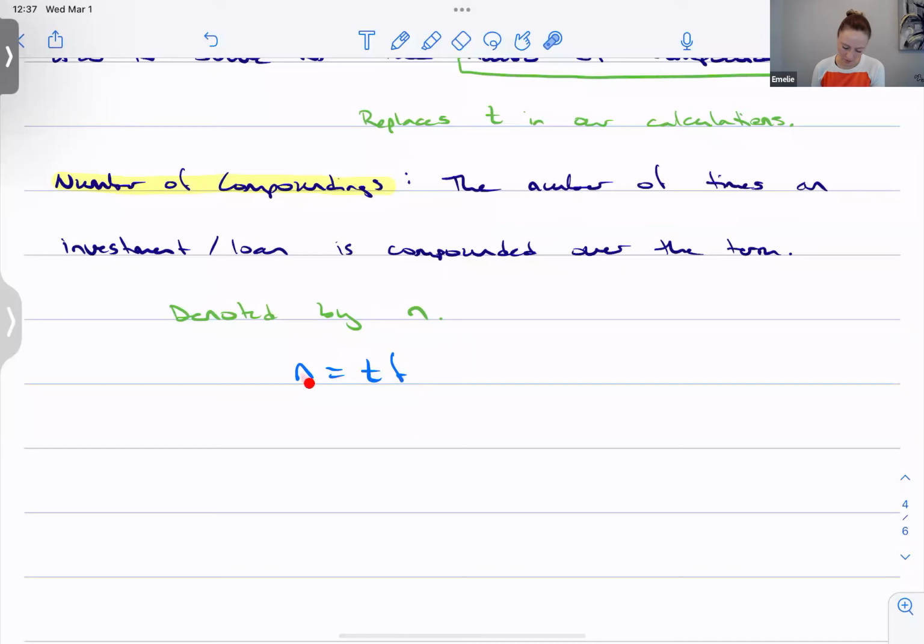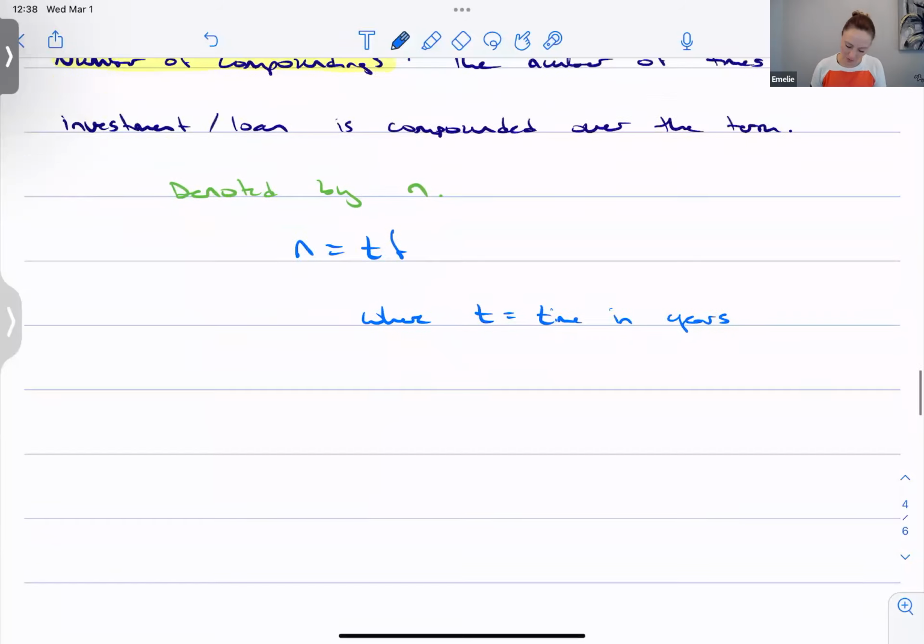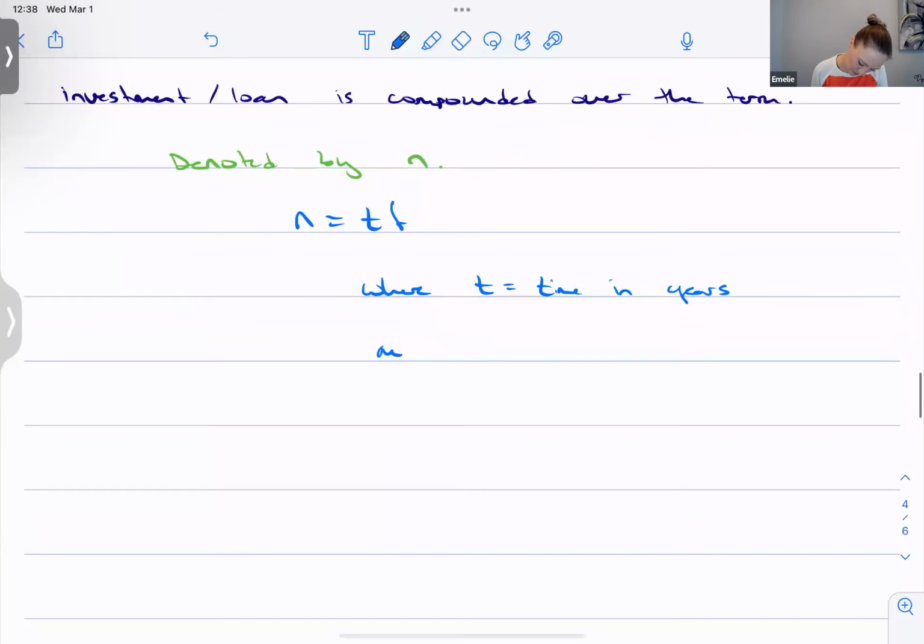And so n is t times f, where t is the time in years still, right? So we're used to finding that. So now we're just extending it just a little bit more. It's the time in years, so we still need to know that. And f is the compounding frequency.